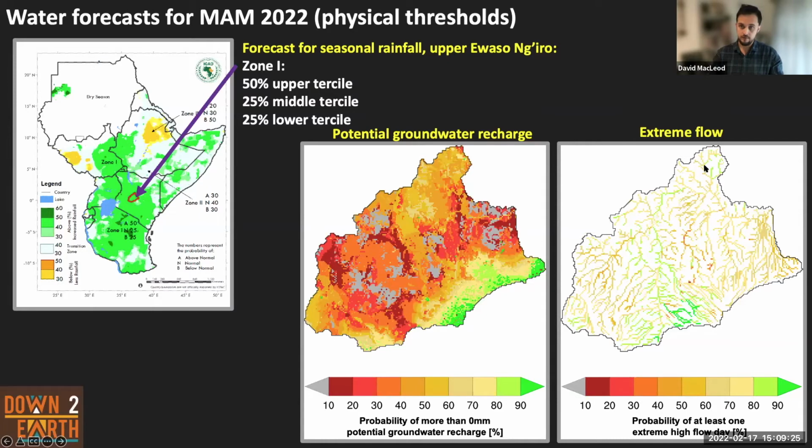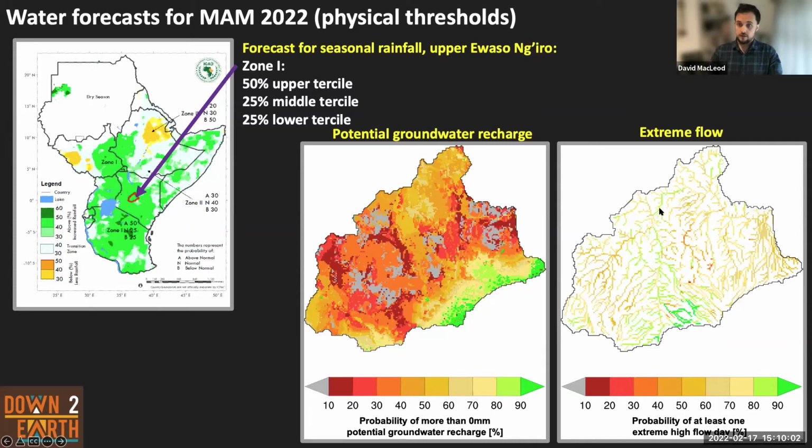And on the right, we see the same kind of thing for extreme flow. We're asking, what's the probability that this season will have at least one extreme high flow day, so at least one day above the 99th percentile? Again, we see a huge difference in probabilities. Parts in the south, coming up to the mainstream, are showing a very high chance, above 80%, above 90%, that there will be at least one flooding day.